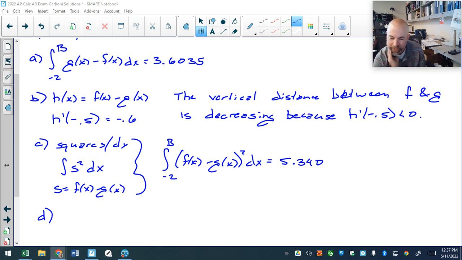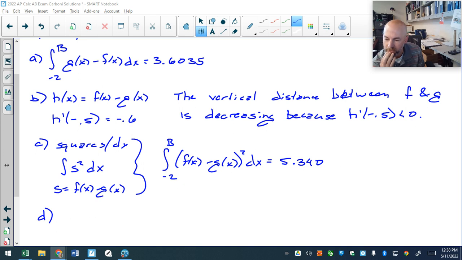All right. A vertical line in the xy plane travels from left to right along the base of the solid described in part C. The vertical line is moving at a constant rate of 7 units per second. Find the rate of change of the area of the cross section above the vertical line.